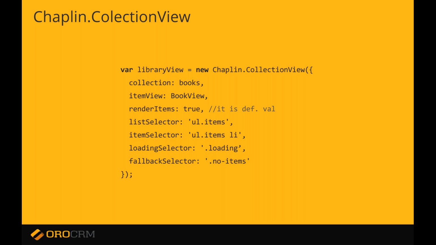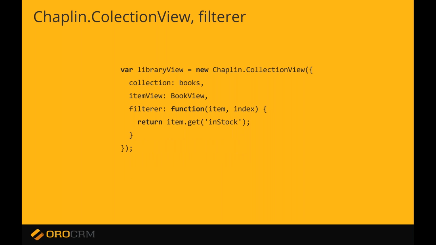And if collection is fetched as empty, user will see fallback element. So we don't need a program here. We just need to set up collection view, and it will work from the box.